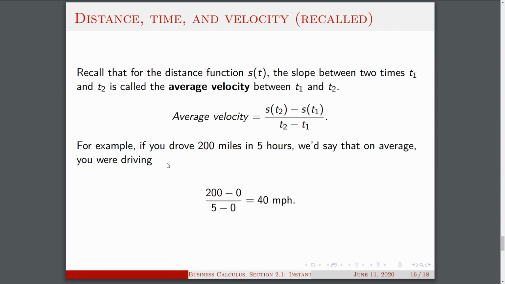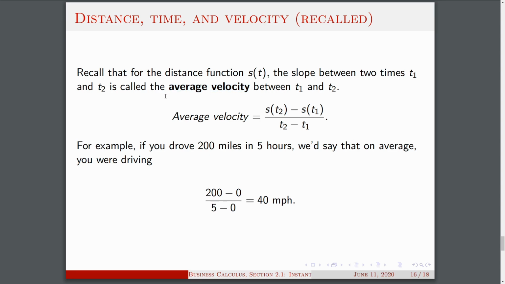Take a step down a little bit before we end the lecture, so help you with your Wiley Plus problems. So remember we talked about before the distance function s of t. That's the distance that some object has traveled at time t, and the slope of the distance function between 2 points, we call that average velocity.